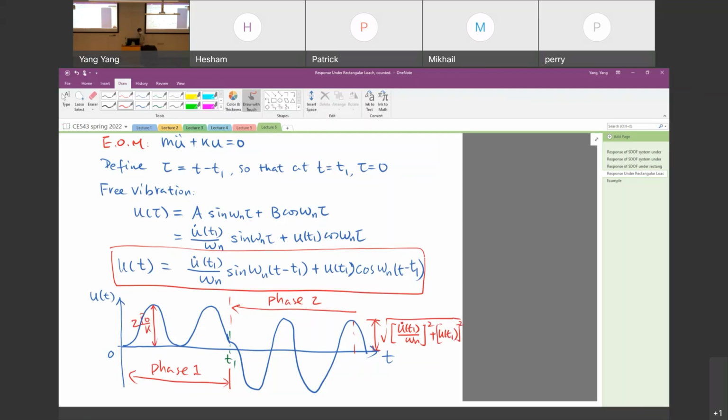For the two stages, the two phases, we have different amplitudes. So that's where we have a rectangular response. That's the response: rectangular, parabola, circular, on and on, but very close to sine and cosine waves. So any questions up to here?